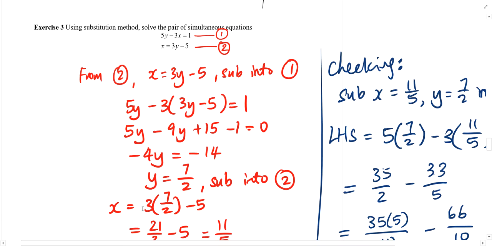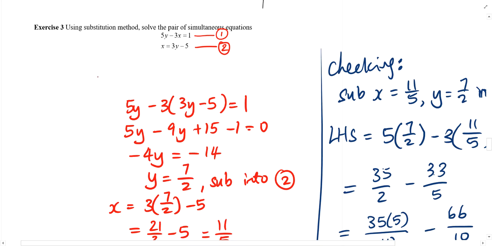So, okay, this is what we have. Like I said, we always start with naming the two equations. Equation number 1, equation number 2. Standard stuff. You see simultaneous equations, name them equation 1, equation number 2. So, we always want to make something the subject, either x or y.